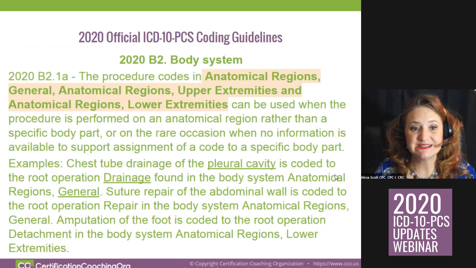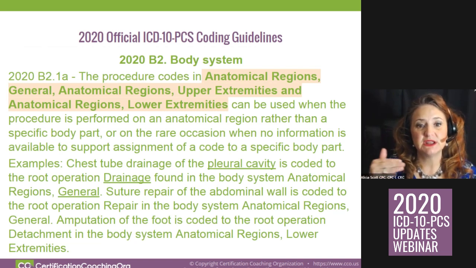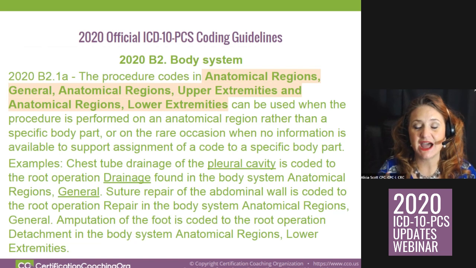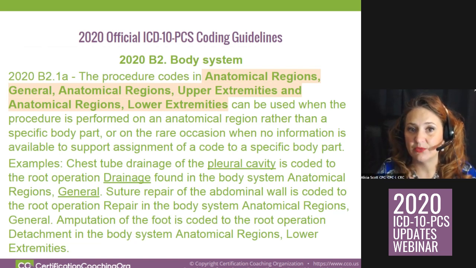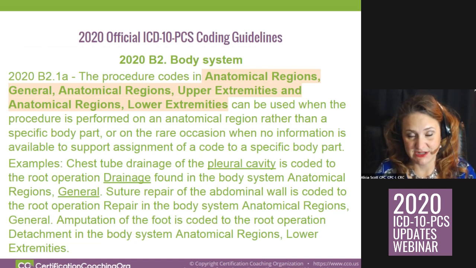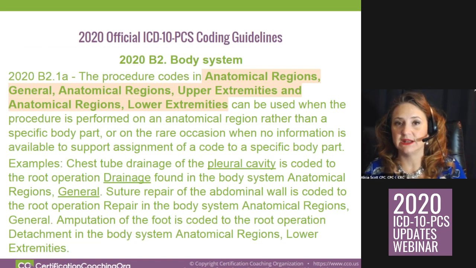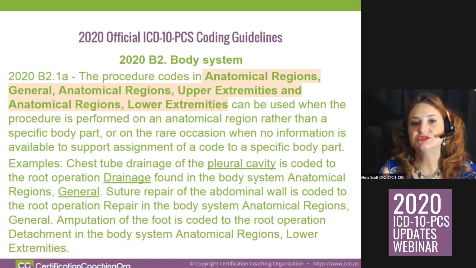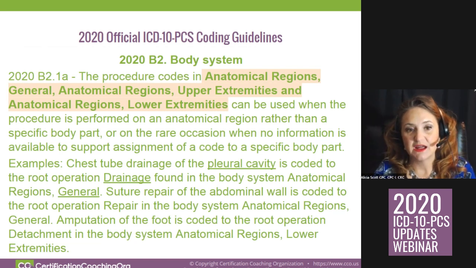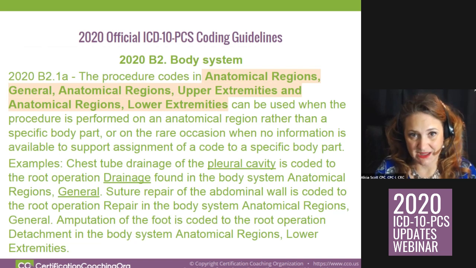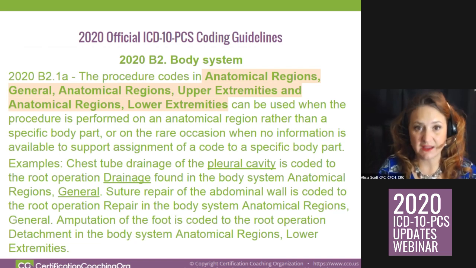Then for body system, they added this verbiage: anatomical region, general anatomical region, upper extremity and lower extremity. I always like to give a heads up when I'm explaining PCS. You can tell I'm a big fan because I keep talking about how brilliant it is, but it is worded just like your provider's documentation, how they're trained to document.